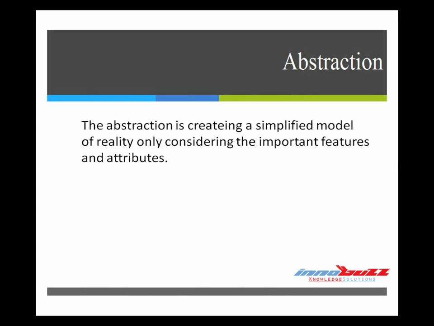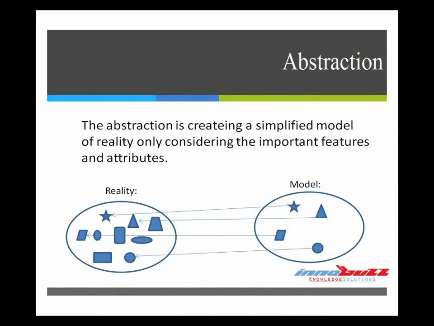In object-oriented languages, the abstraction means that we create the fields and the behaviors, the methods, which can represent the system. The communication with the model can be done through an interface. So we can see it like this. We have got a part of the reality, and this is a complex system, and inside our model we only use the important features.